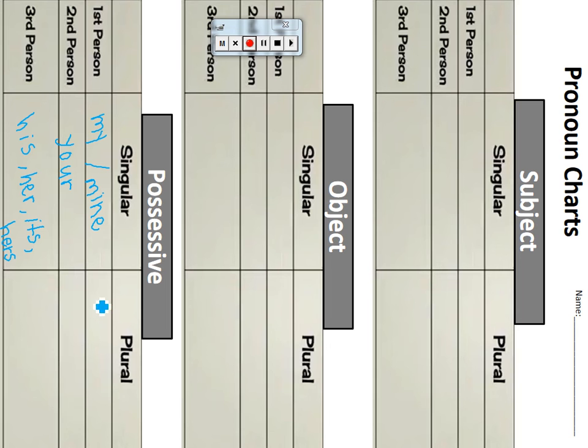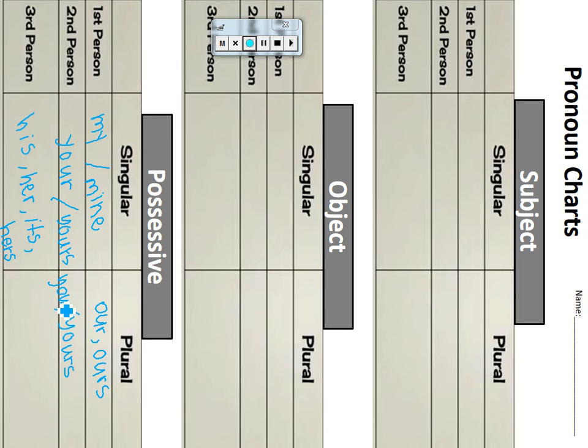Okay, so first person plural, that means you're talking about more than one person, but you are still included. I am still included. So our or ours for the possessive plural first person pronoun. For second person plural, yours. This could also be yours right here. And if I'm talking to a large group of people, I could just say your homework.